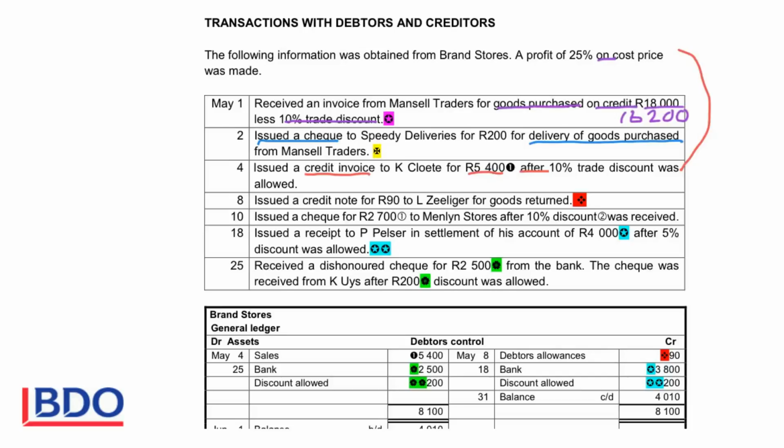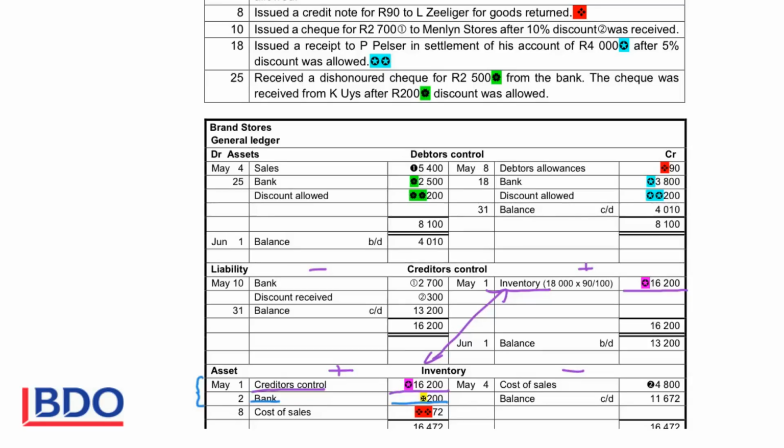This entry will now be recorded in the debtors control account and in your sales account. The debtors control account is debited with the 5,400 because the debtors owe us more money. Debtors is an asset that increases on the debit side and decrease on the credit side.